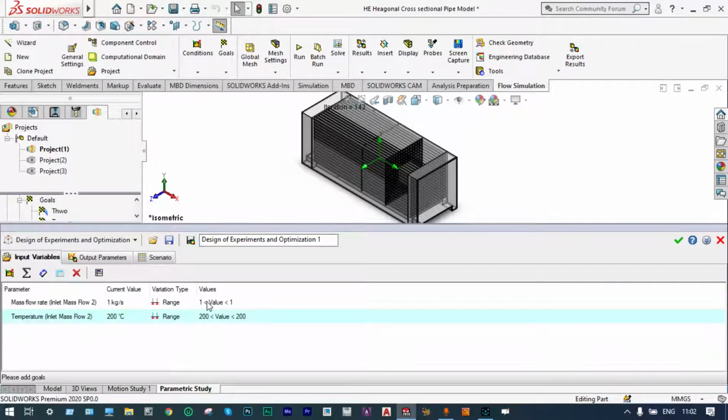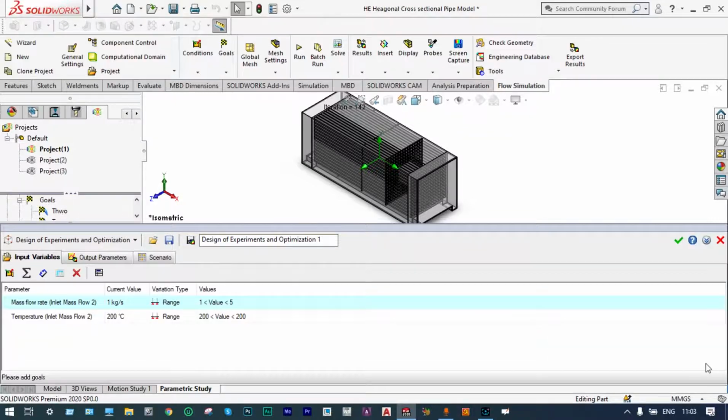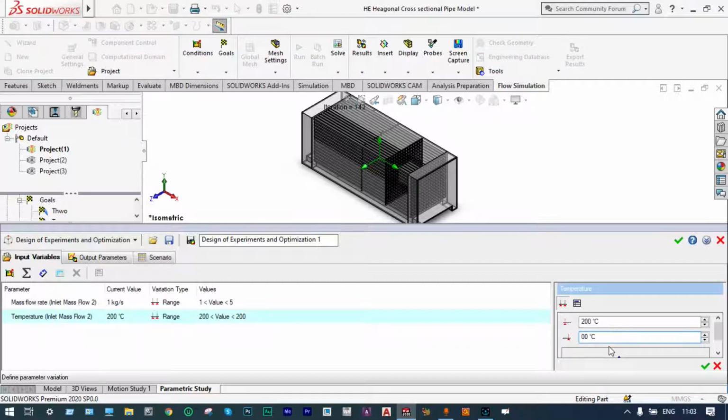Let us put the range of mass flow rate from 1 kg per second to 5 kg per second. Next to that, for the temperature range, we should specify a higher range from 200 degrees centigrade to 1000 degrees centigrade.